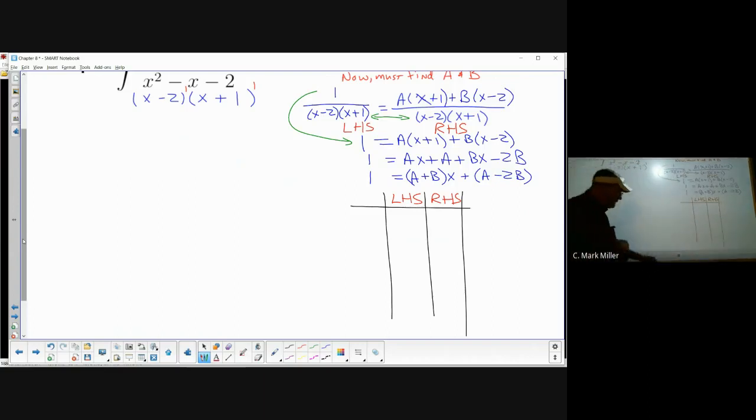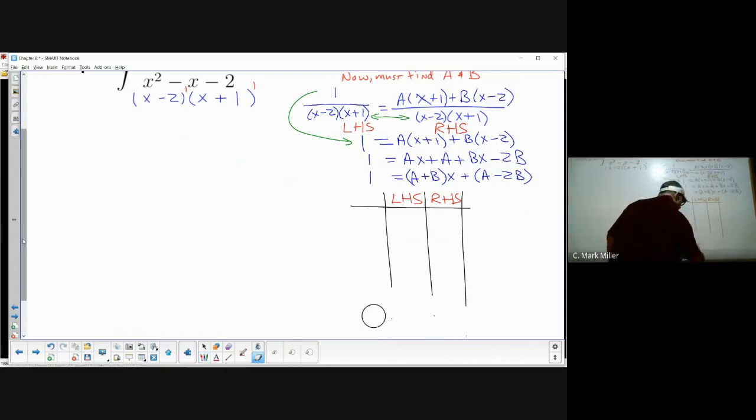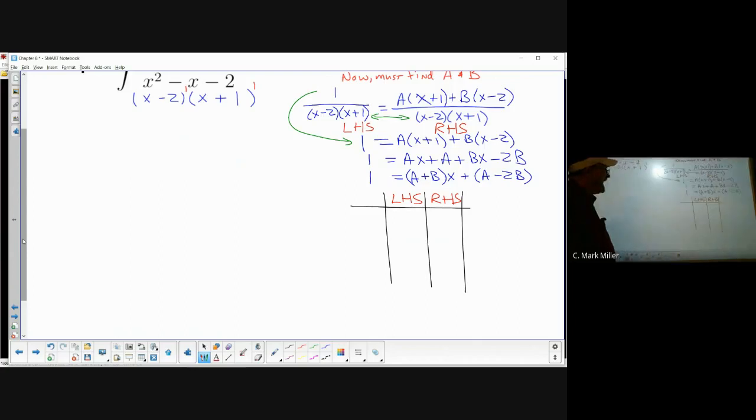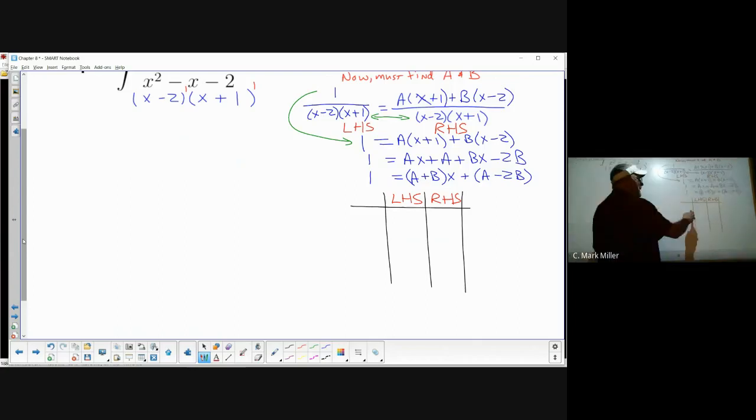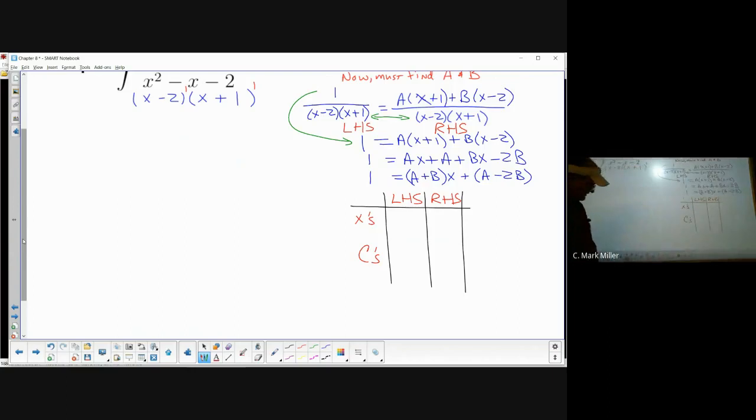And really, we have two things. I'm going to erase a lot of this. I do them too long. I have two things. We have x's and we have constants. I'm going to call them c's, constants.